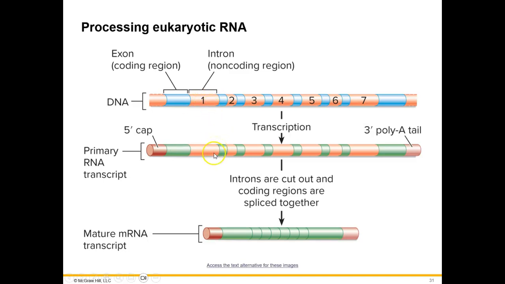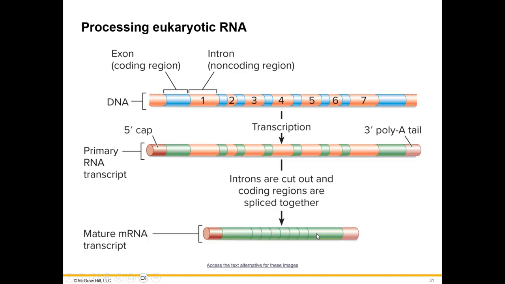We're going to cut out the introns because we don't need them for our protein expression to create our proteins. So we cut those out and splice together our exons, along with adding a 5' cap and a 3' poly A tail.